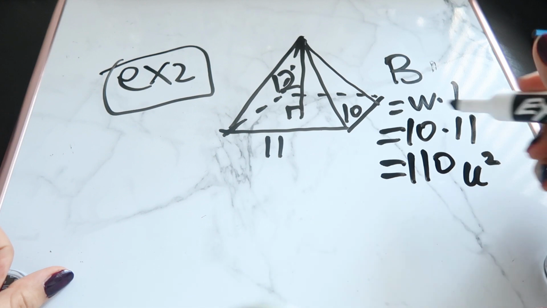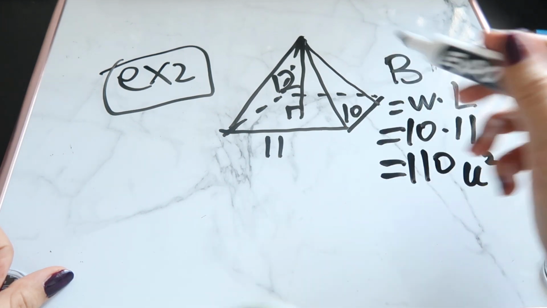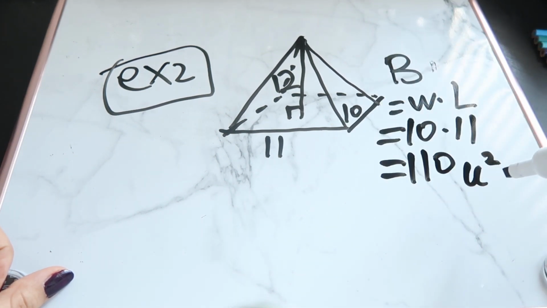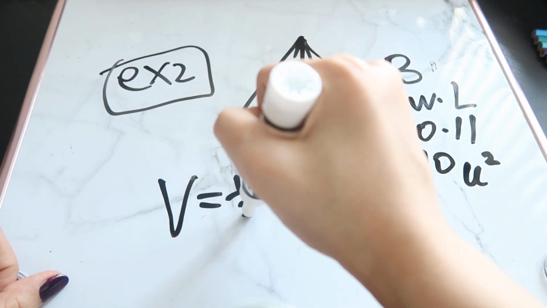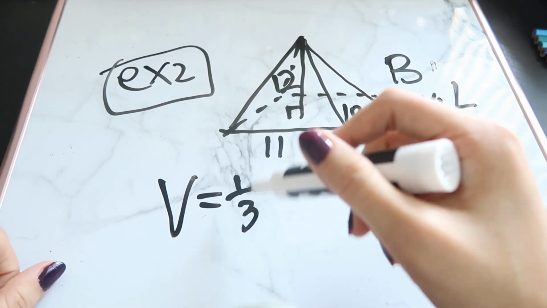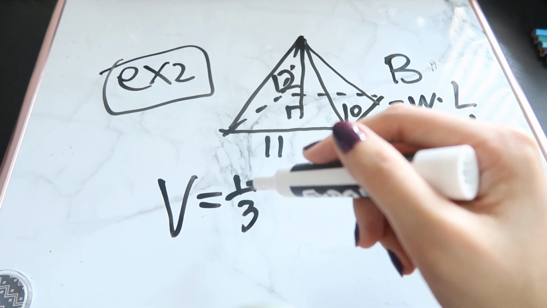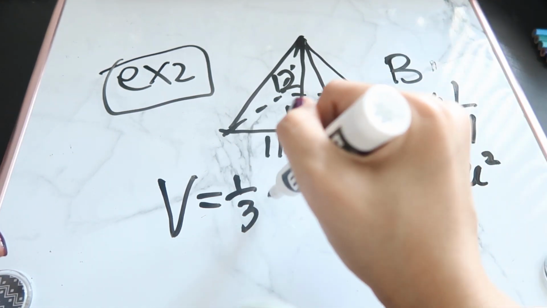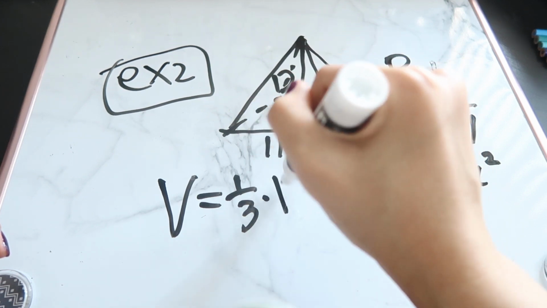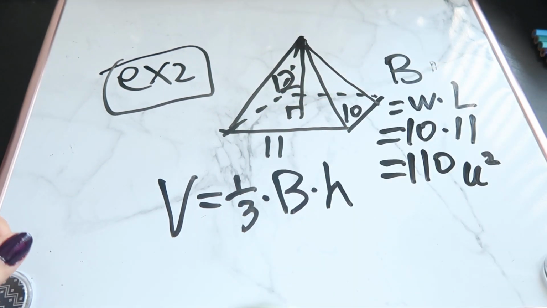The reason why I use a U is because I didn't include any specific unit here, so we'll just use U. And then you plug into the big formula, so the volume is 1/3. Keep in mind, for a pyramid, 1/3 is part of the formula. It doesn't change no matter what value you have after that. So it's 1/3 times base times height.